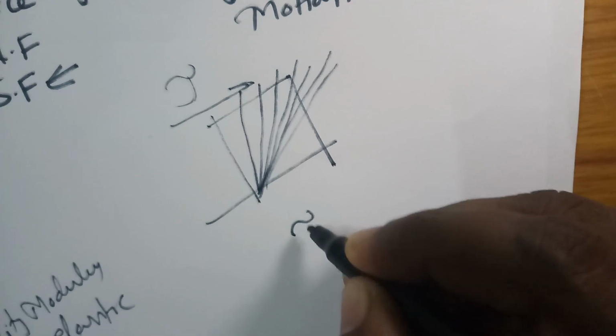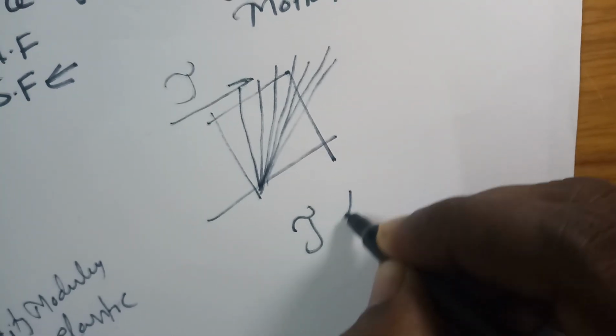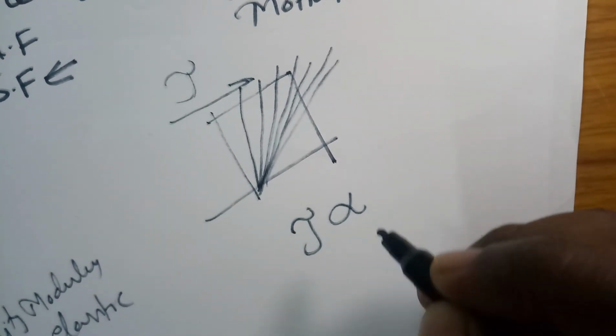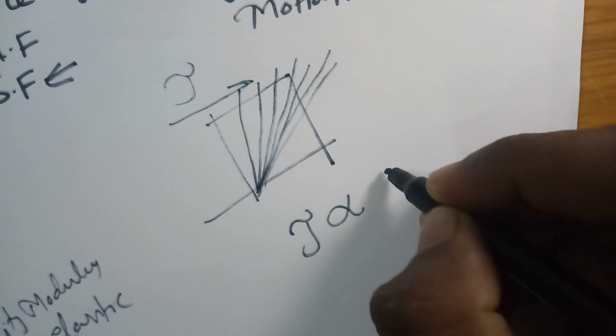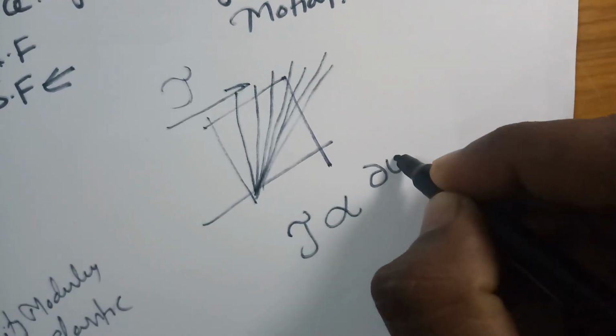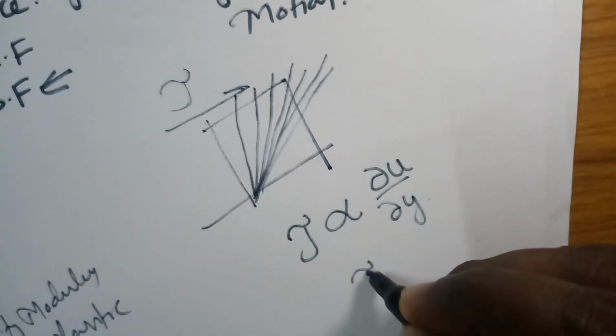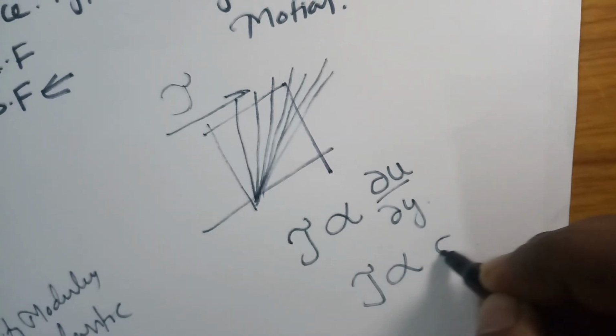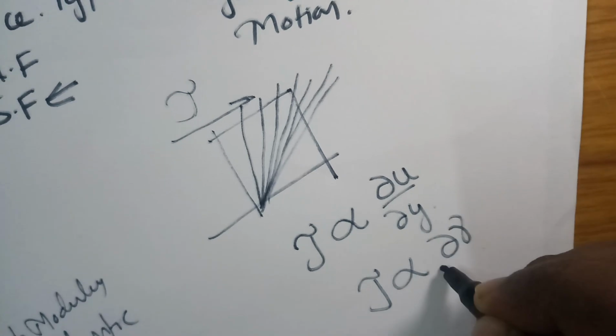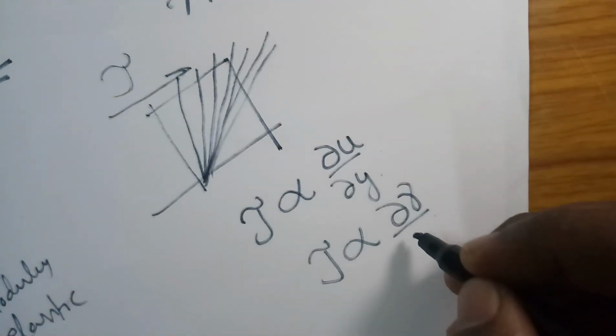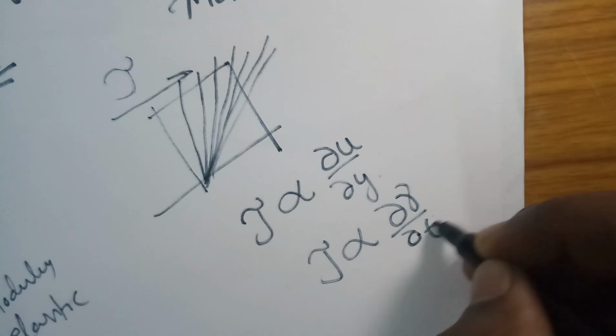So in the case of fluids, what we generally write is that shear stress is directly proportional to du by dy, or shear stress is proportional to d gamma by dt.